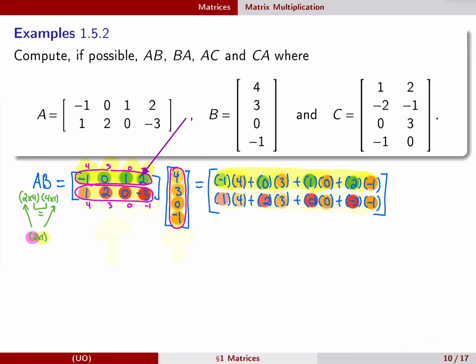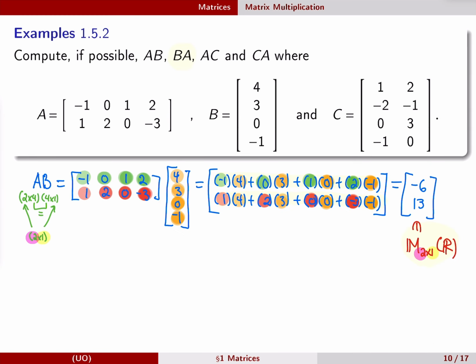Let's multiply. So here, 1 times 4 plus 2 times 3 plus 0 times 0 plus minus 3 times minus 1, and then I add everything up. And here, my resulting matrix has two rows because my original matrix has two rows, and one column because my original matrix on the right has only one column.